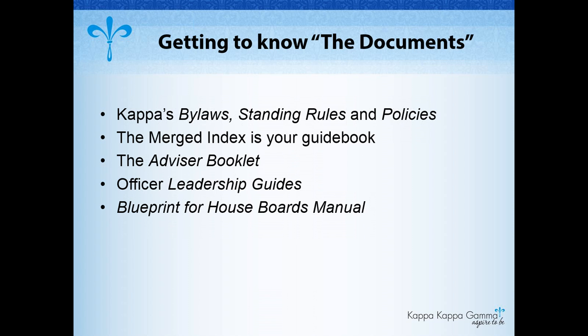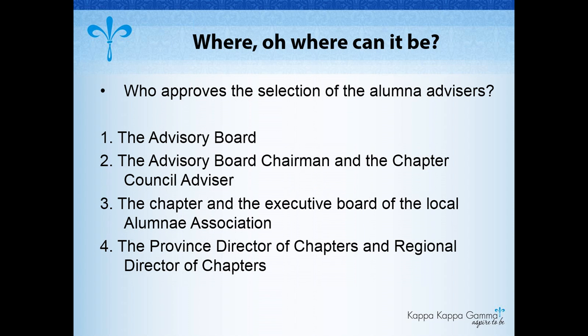Now then, let's take a little time and search the documents and see if we can find a few things. So here's your first question. Who approves the selection of the alumni advisors? Now at this point, Angie's going to put out a poll. So you can go to your polls tab in the control panel and choose from among these possible answers. It's multiple choice.